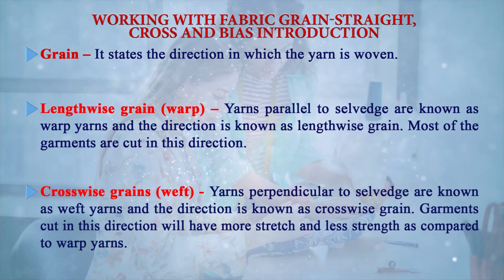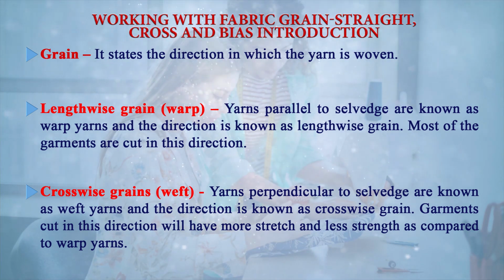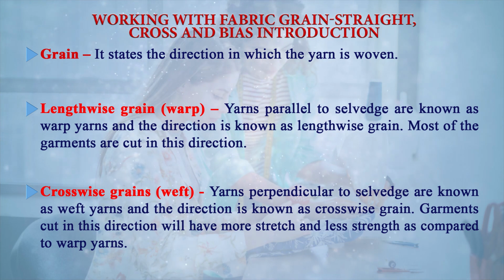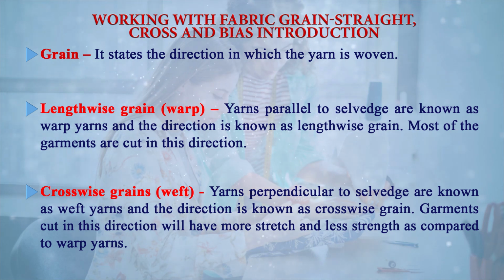Then we have the crosswise grain, which we call the weft direction of the fabric. The yarns which are perpendicular to the selvage are known as the weft yarns, and the direction is known as the crosswise grain. A garment cut in this direction will have more stretch and less strength as compared to the warp yarn.